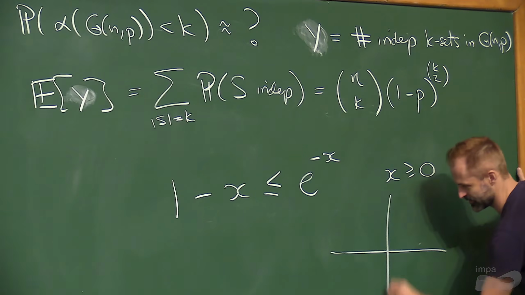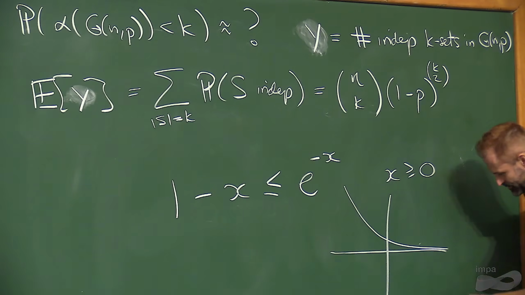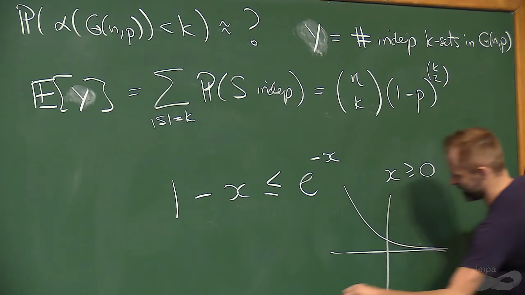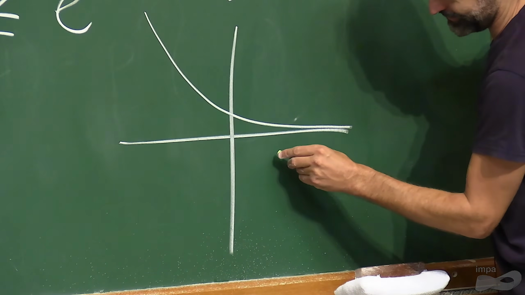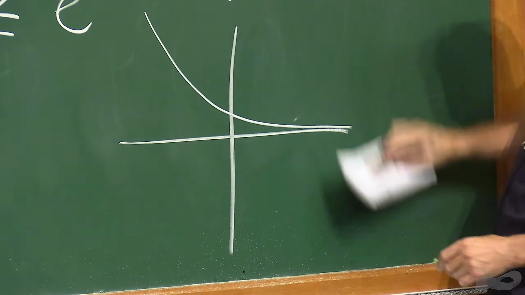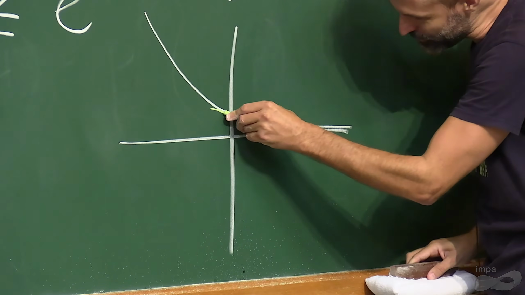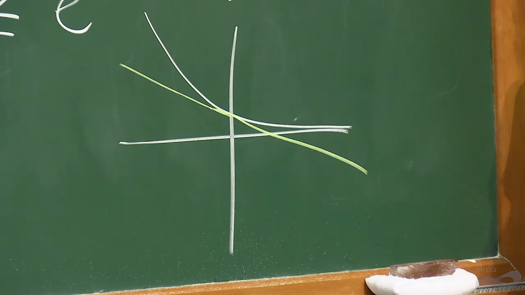What's the picture? Here is e to the minus x, and here is 1 minus x, except my drawing is bad because the derivative at this point is actually minus 1, right?